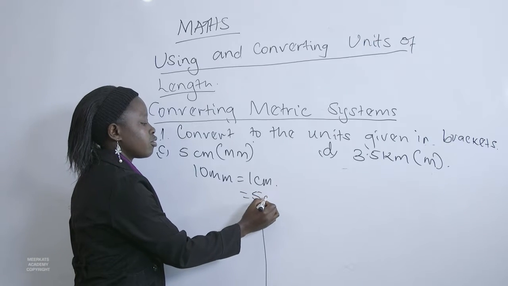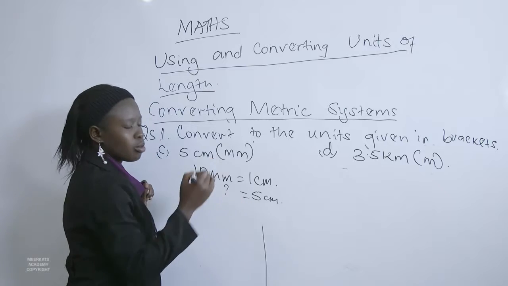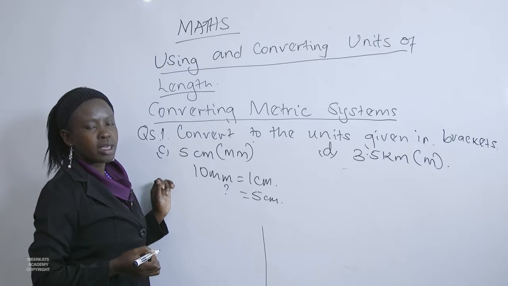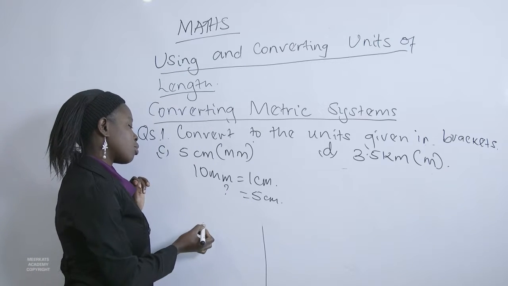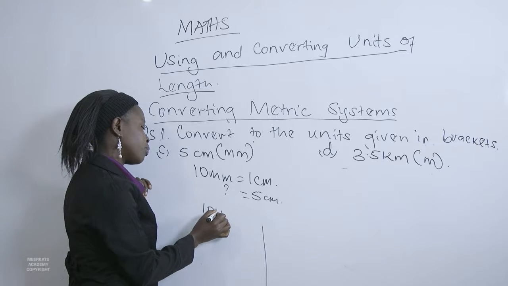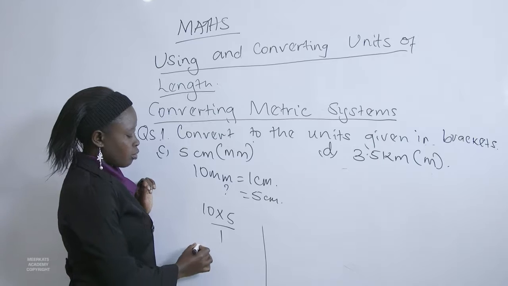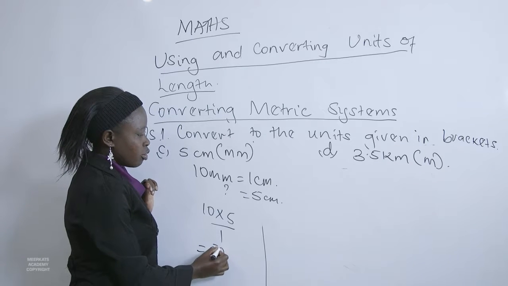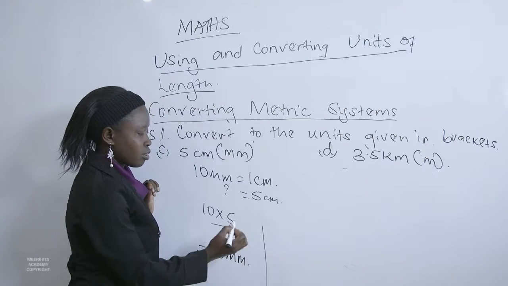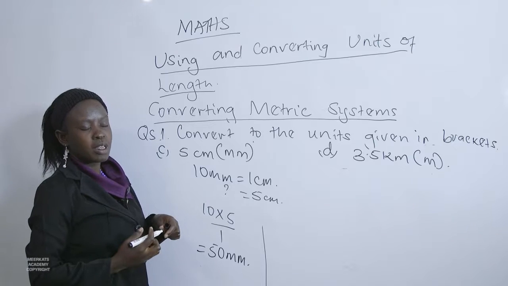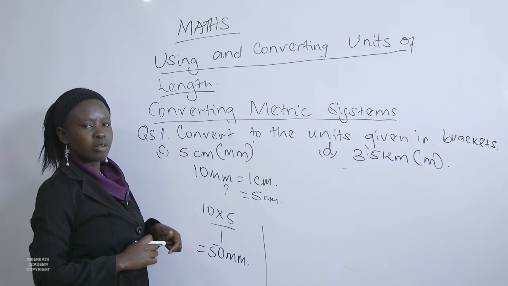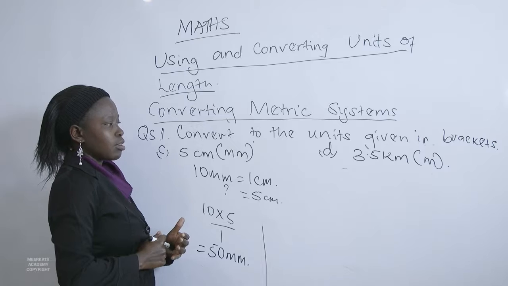But we have 5 centimeters. So how many millimeters are there in 5 centimeters? So that means that we'll have 10 times 5 divided by 1. 10 times 5 gives us 50 millimeters. So 5 centimeters makes up 50 millimeters.